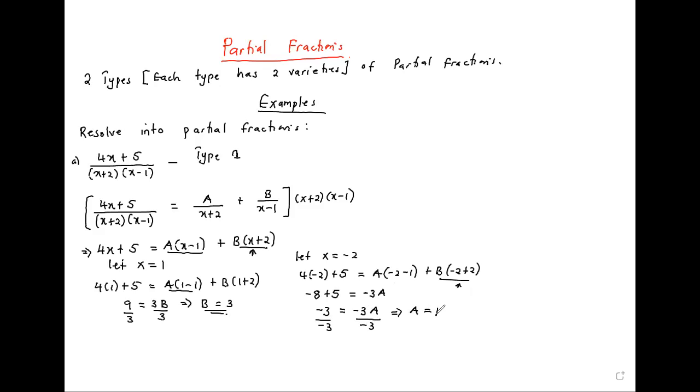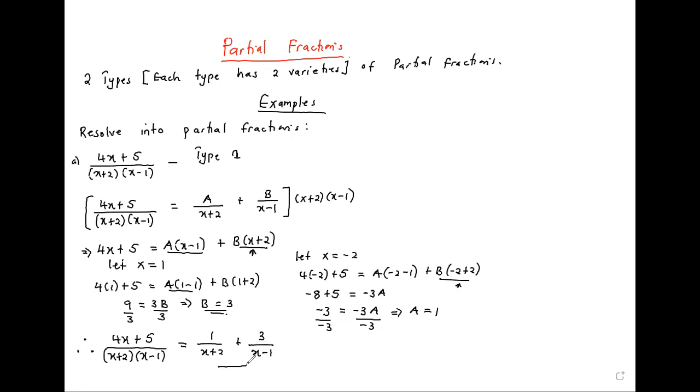So we go back to our partials and say, therefore, 4x plus 5 over x plus 2 multiplied by x minus 1 is equal to a, which is 1, over x plus 2, plus b, which is 3, over x minus 1.